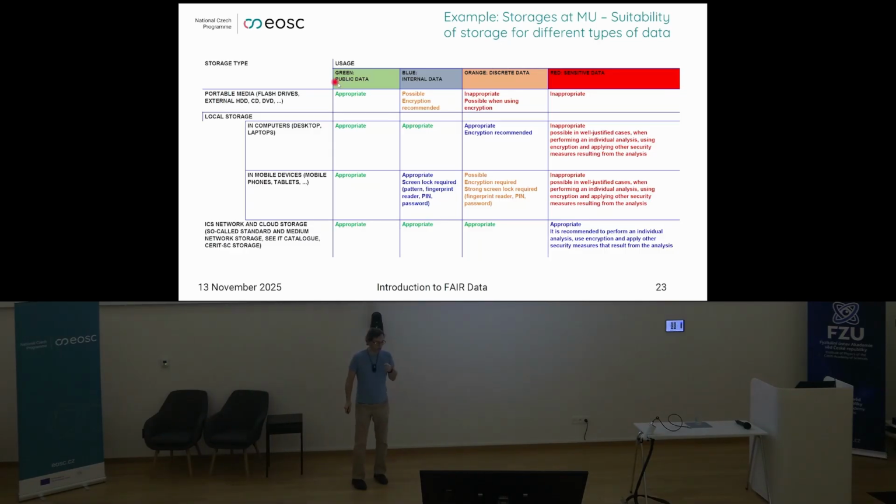But there are also some internal data. For example, notes from our internal meetings at our institution, our department, or our lab. And these are not meant to be publicly available. On the other hand, no top secret information is inside. So if it leaks, we will not be happy, but it will not be a catastrophe. And at the other side, we have sensitive data, really sensitive data.